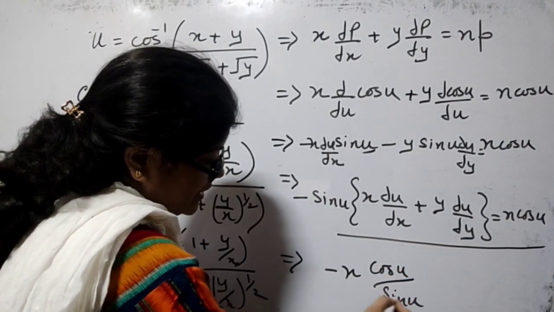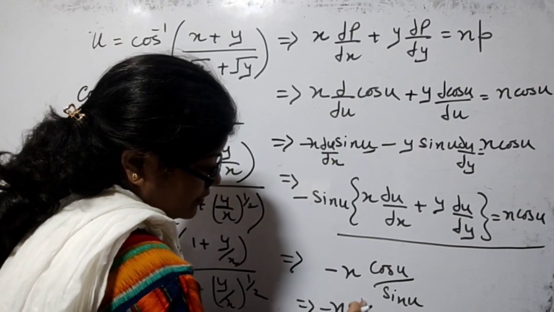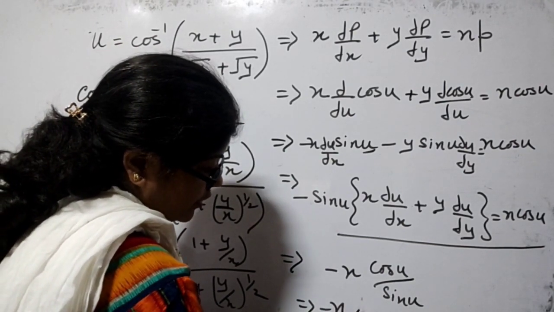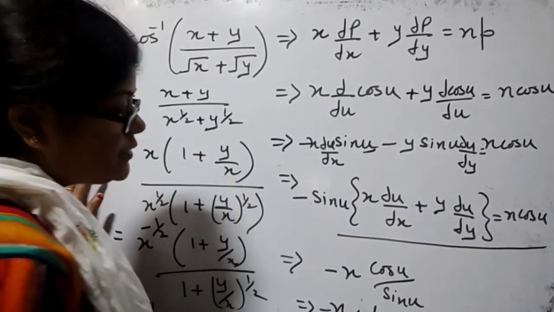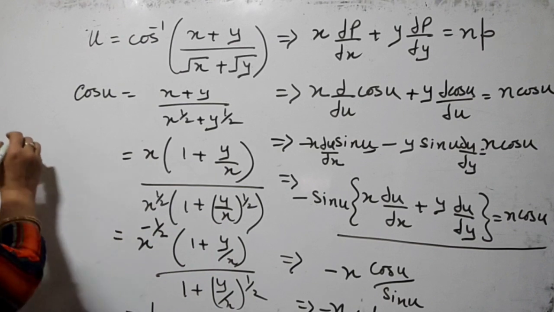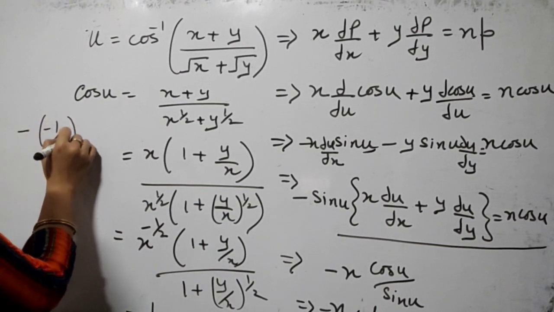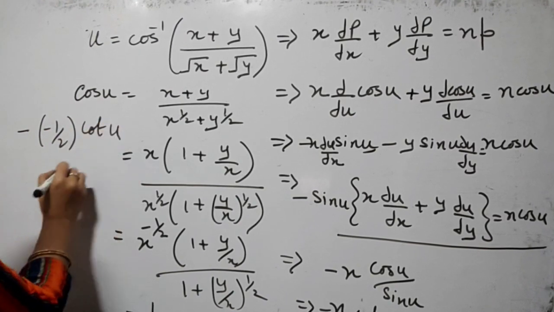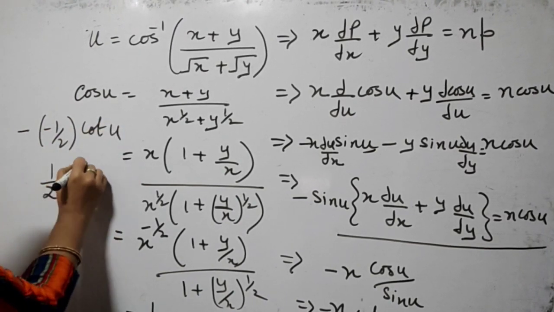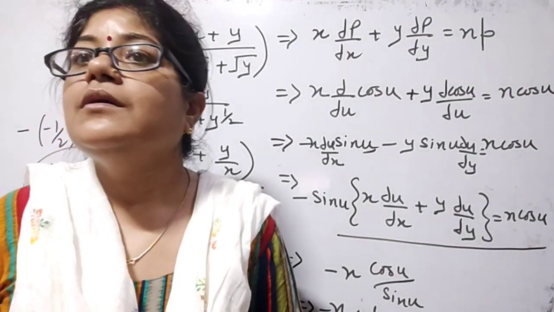That means ultimately what is the result? It is n, that is the degree of the function, and cos u by sin u, that means cot u. Now here the degree of the function is minus half. So ultimately our answer is minus half cot u. This is the answer. And Euler's theorem is verified. Now thank you.